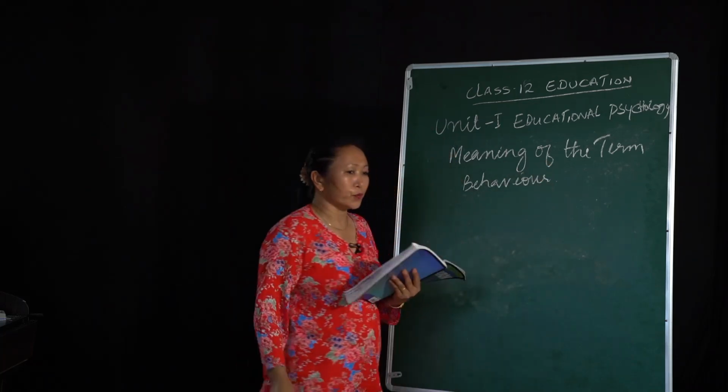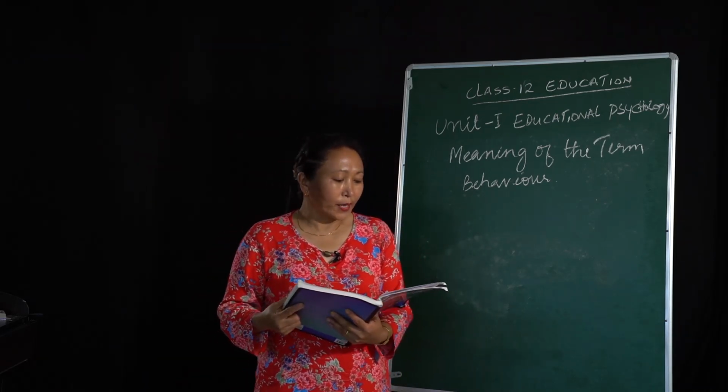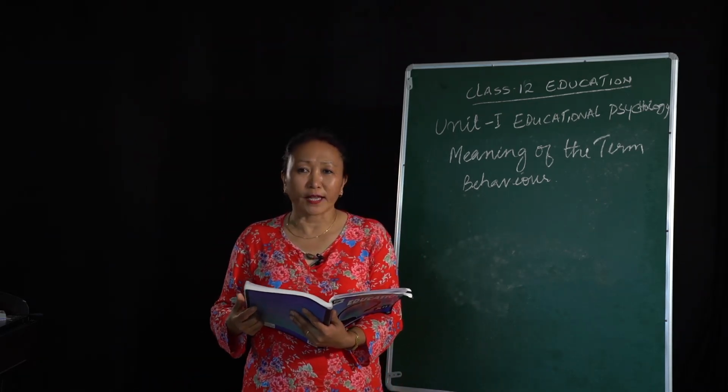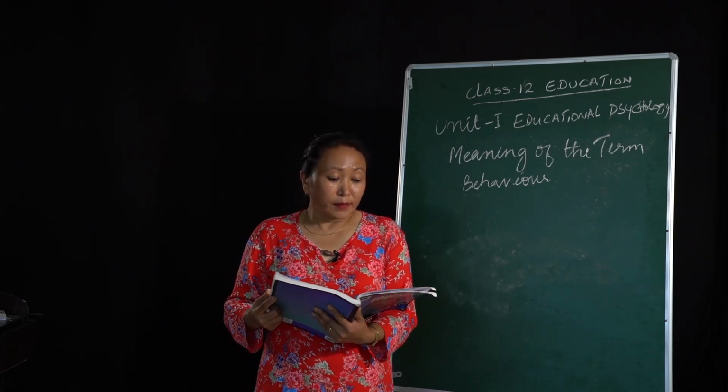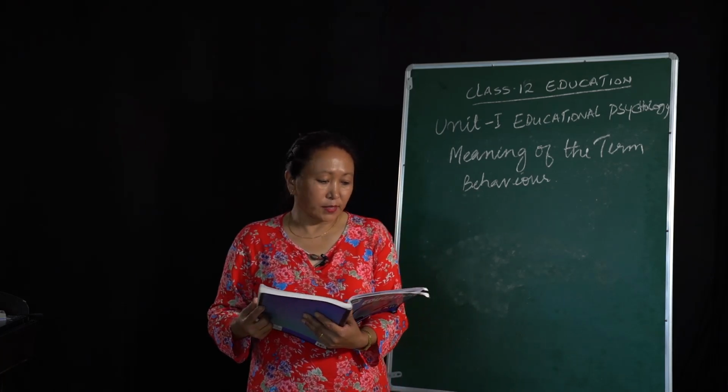We have three different points in the meaning of the term behavior. Point number 1, any manifestation of life is activity, and behavior is a collective name of these activities.